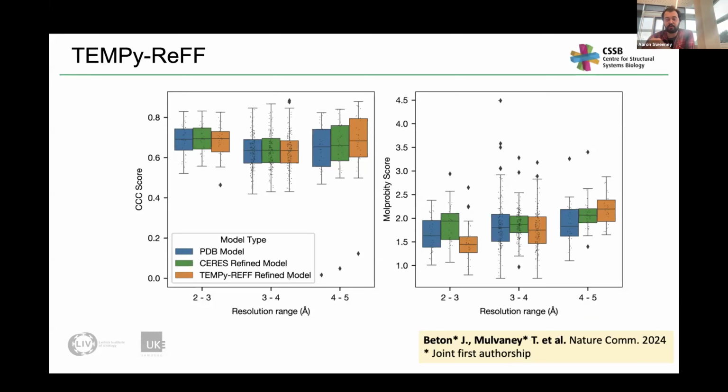At the same time, the MolProbity scores end up being a little bit worse here. But at the higher resolutions, the MolProbity scores for TEMPy-ReFF are better. I assume everyone's familiar with MolProbity, but it is a measure of the geometry of proteins and also nucleic acids. So a lower MolProbity score indicates better geometry.